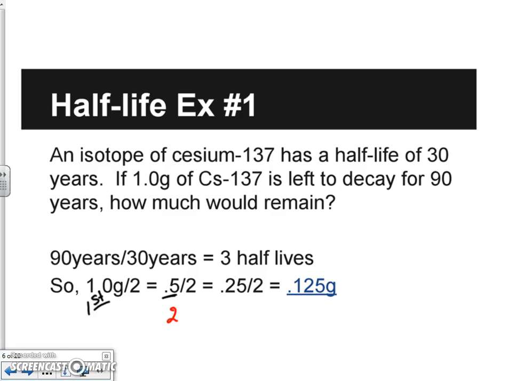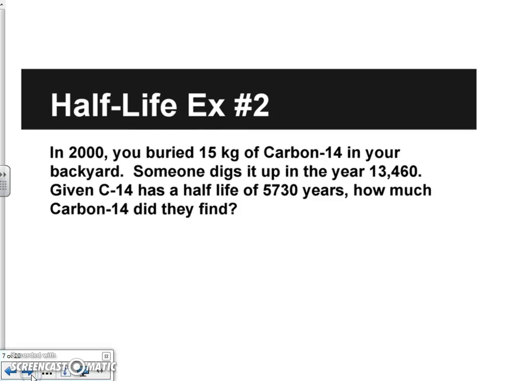This would be the second half-life. We are down to 0.25. So I'm just dividing what I had by 2 until finally, after the third half-life, after that final 30 years, I end up with 0.125 grams as my answer. So pretty simple, you're just going to be dividing by 2 or multiplying by 2 for most of these questions.